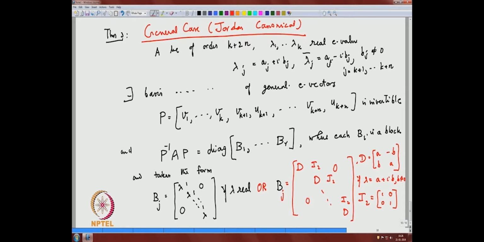Using this you can immediately write down your solution, because you have a decoupled system x dot equal to Ax. It is enough to solve the system y dot is equal to Bj y.